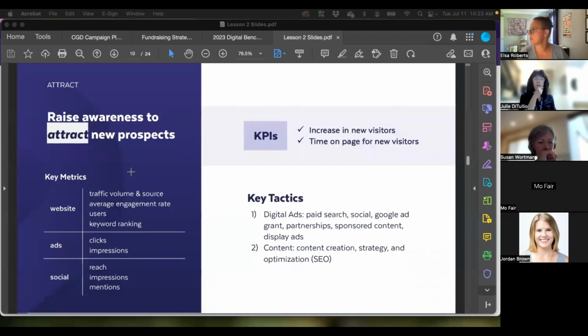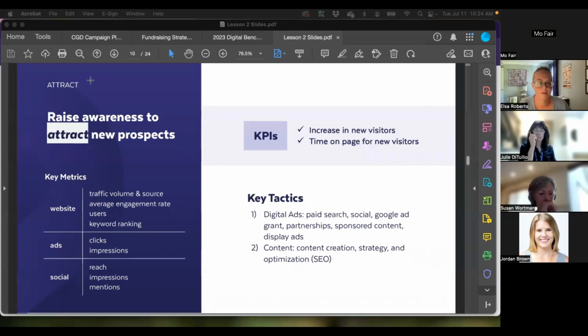All right. When I talk about mapping the pathway, I've created slides for each of the different points along the pathway and some of the things to be thinking about for those. For attract, the focus again is raising awareness to attract new prospects.